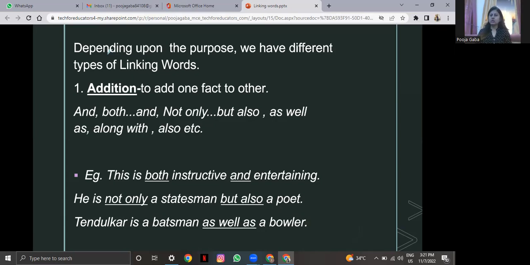Now see the next one. Tendulkar is a batsman as well as a bowler. Here also we are given some additional information that Tendulkar is a batsman and a bowler also. So we can use as well as. So these were the linking words for addition.